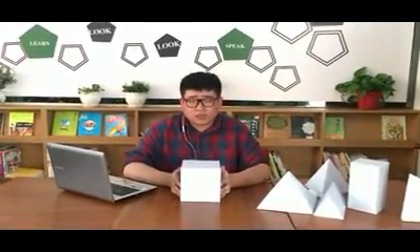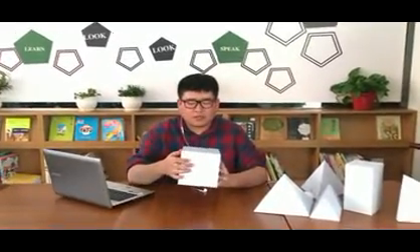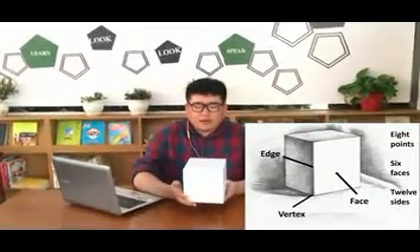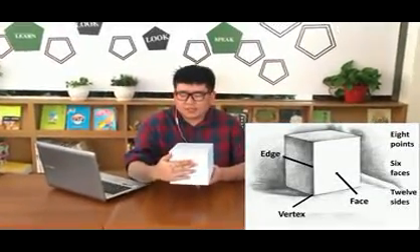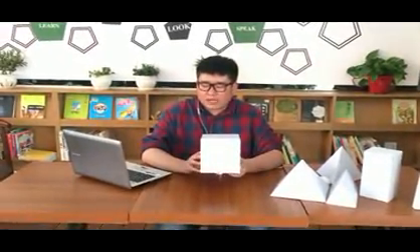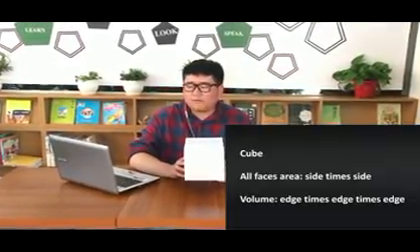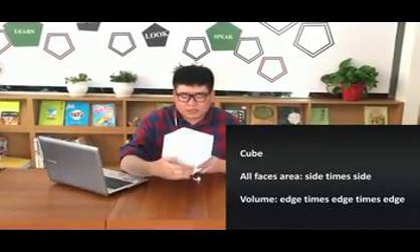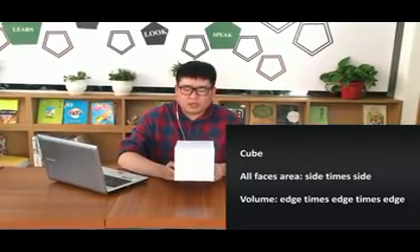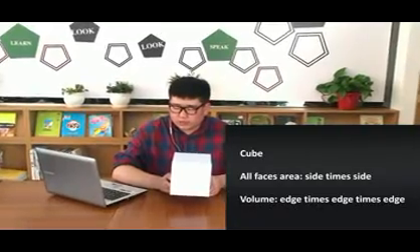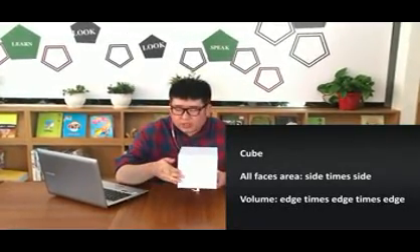And next, I am going to introduce the cube. And this is a cube. It has 8 points, 6 faces, and 8 sides. Its lateral area formula is side times side, and I will use the number 4 to substitute into the formula.